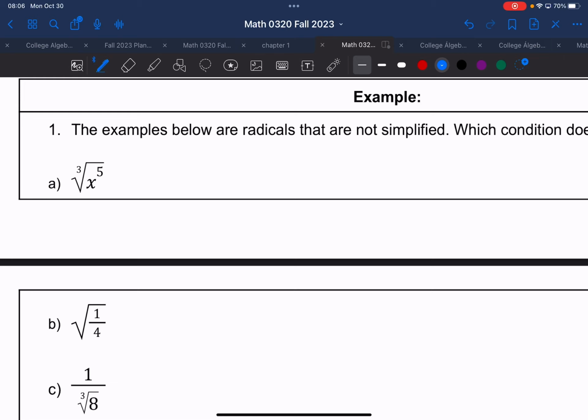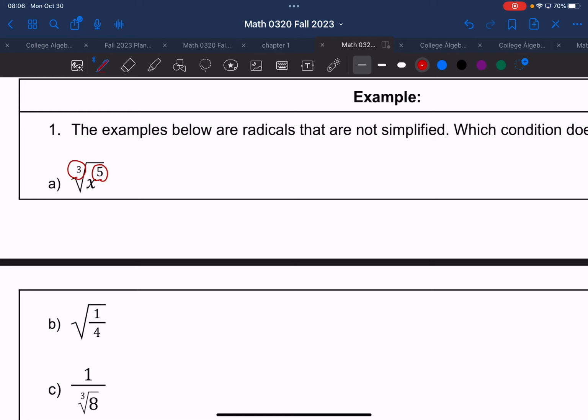Because the exponent that's in the radicand is larger than the index. Correct. So this number right here, that exponent of 5, is larger than the index of 3.